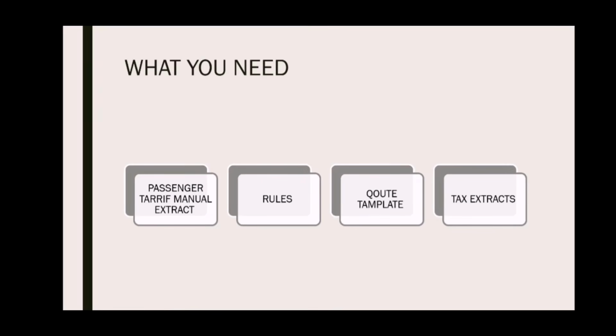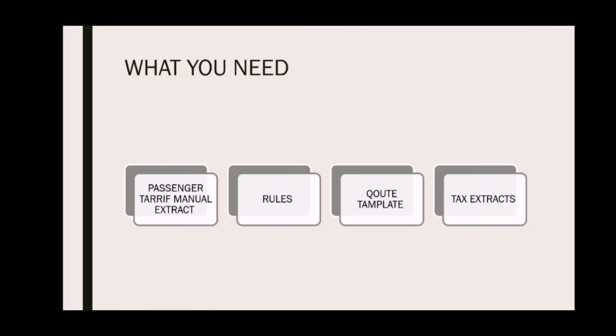What you will need to do point-to-point calculations is your passenger tariff manual extract, which will usually be given to you separately. It's not a part of the domestic fares that you already have. Usually they will give you a passenger tariff manual that is specific to the activity, or to the route, that is given to you.